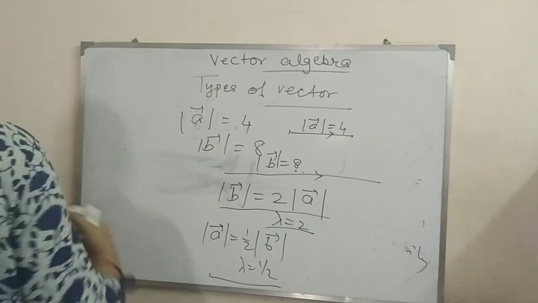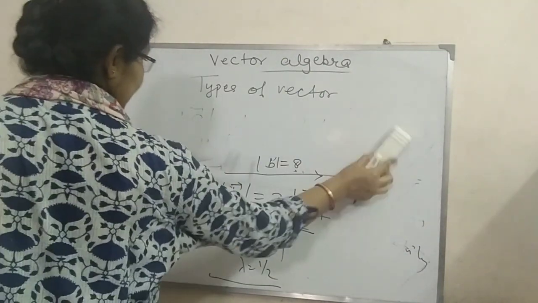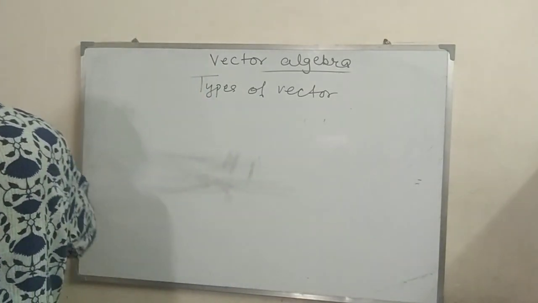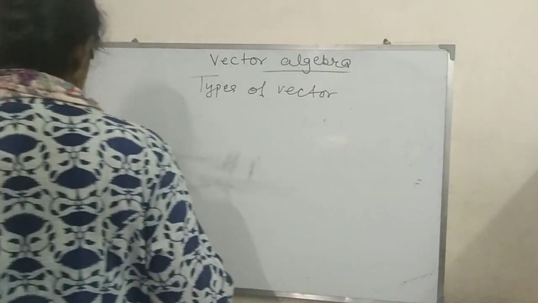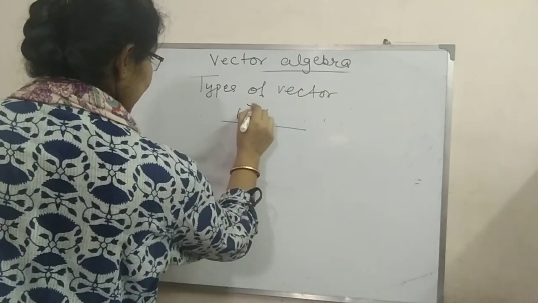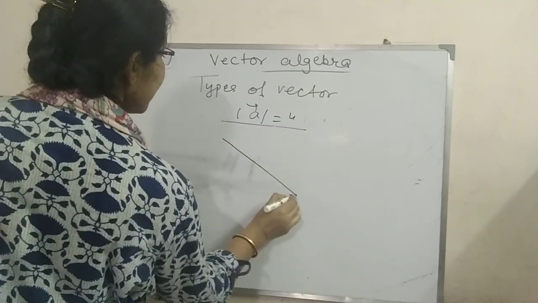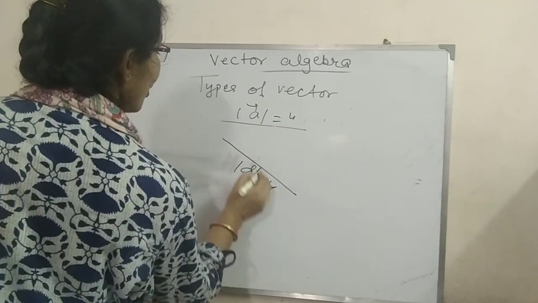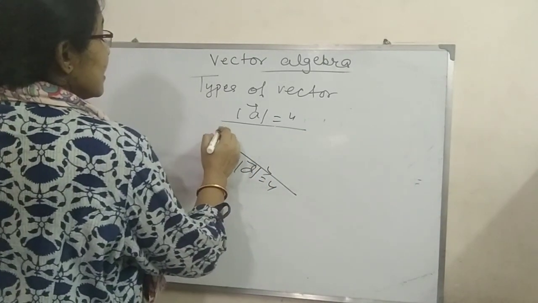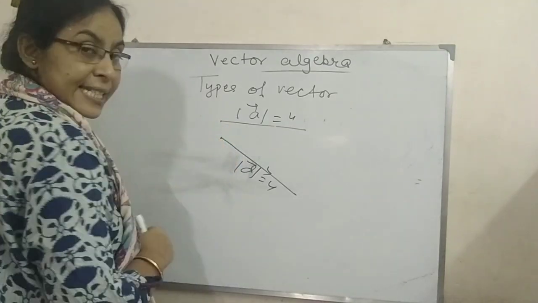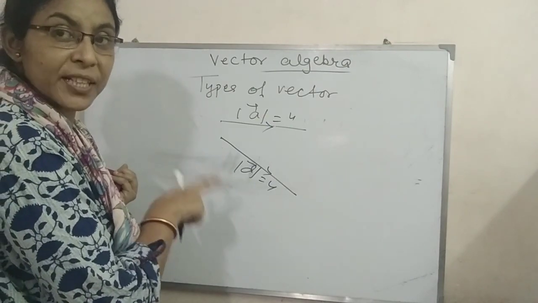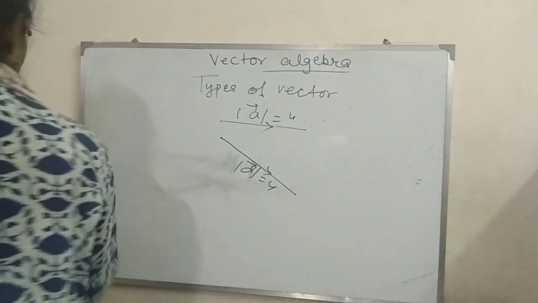This is the property and the mathematical expression for collinear vectors. If A is 4 and D is also 4, it is not parallel, because the initial point is the same but the direction is different. So it is not a parallel or collinear vector.